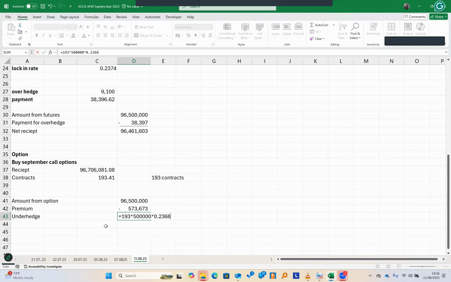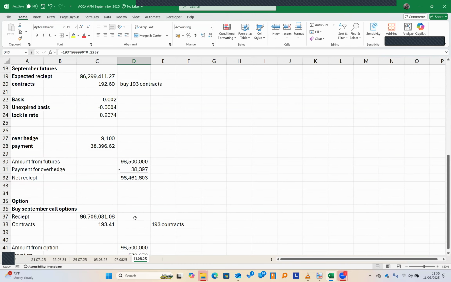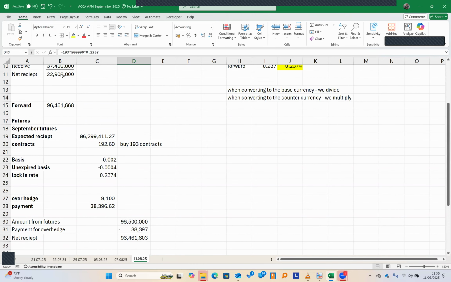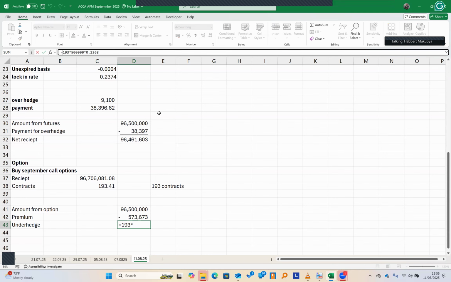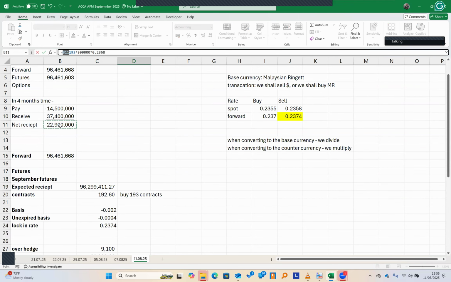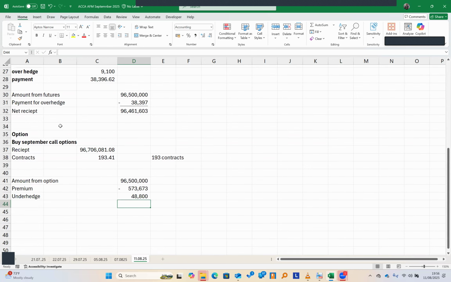So basically, when we do this, we are actually hedging 22.851 as opposed to 22.9, right? So the under hedge is the difference between 22.9 and this. So we actually under hedged by 48,800, but these are dollars.